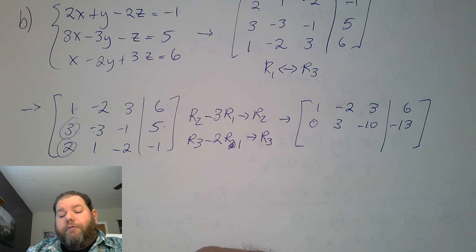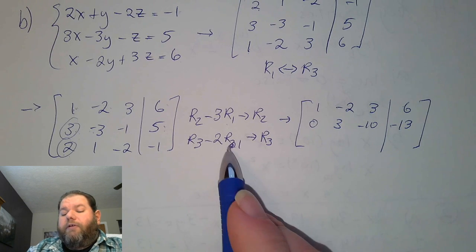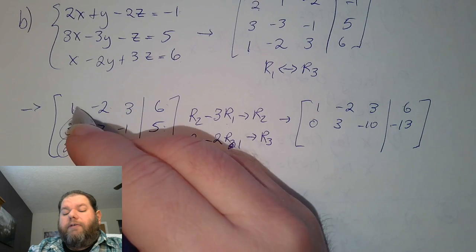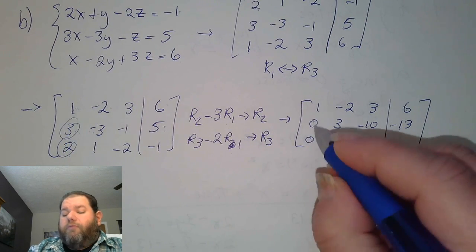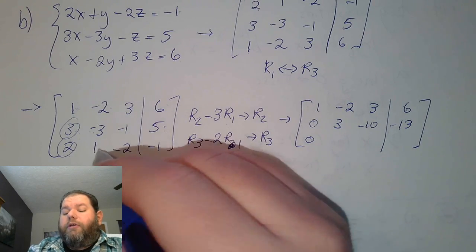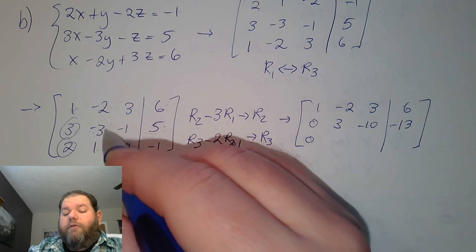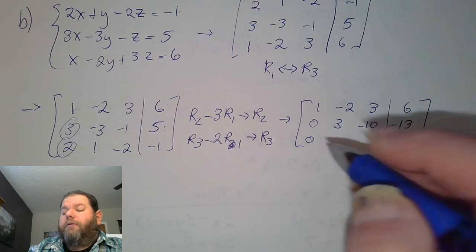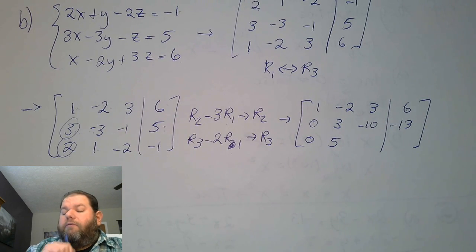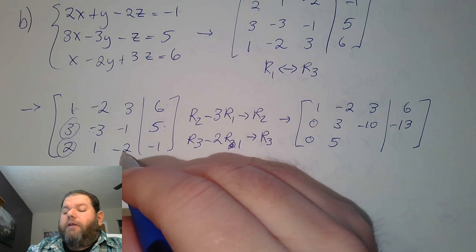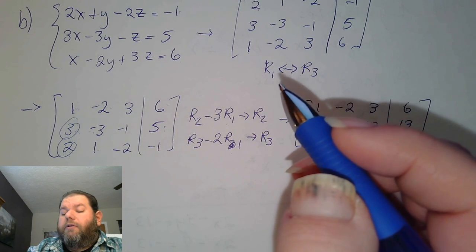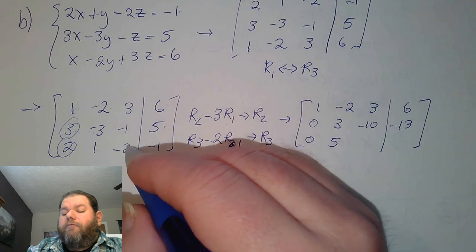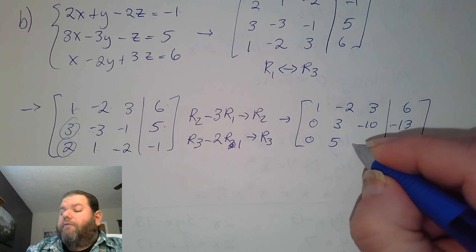We repeat that with row 3. Row 3 minus 2 times row 1. So 2 minus 2 times 1. 2 minus 2, 0, as we intended. 1 minus 2 times -2, 1 plus 4, that'll give us a 5. -2 minus 2 times 3, so -2 minus 6 is -8.